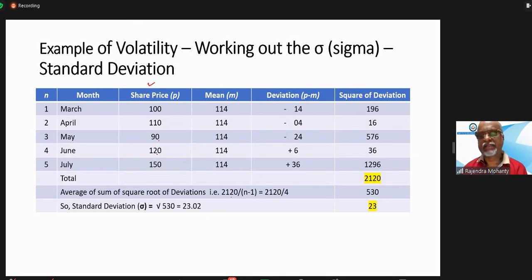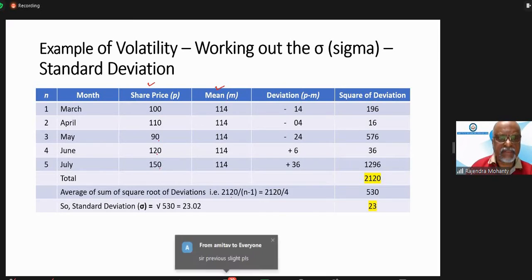To find that standard deviation, first I have to find the mean price of these 5 months. Mean is the average. So I total all these and divide by 5. When you calculate the mean, whatever samples you have collected, I have collected 5 samples, so the sum of the samples divided by n becomes our mean.